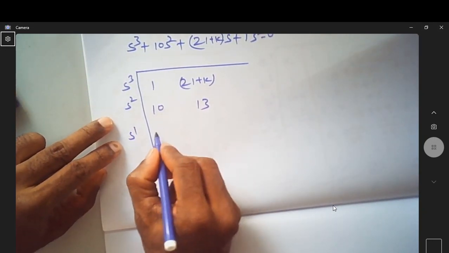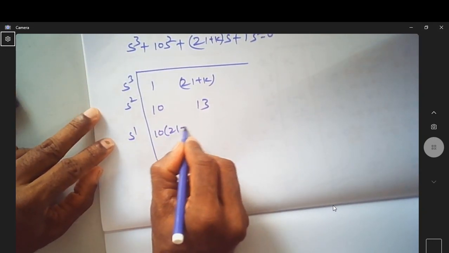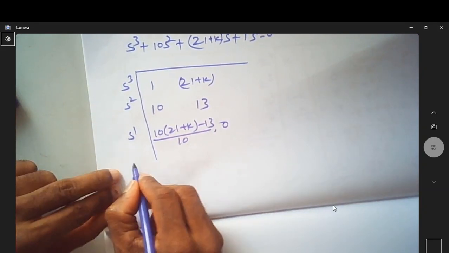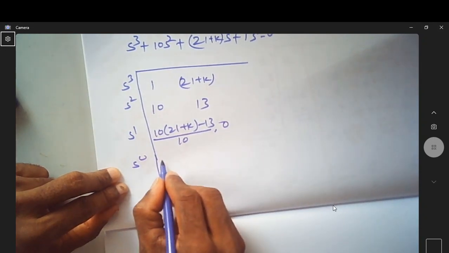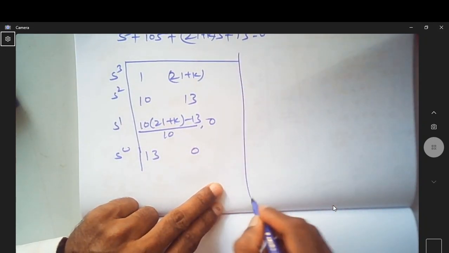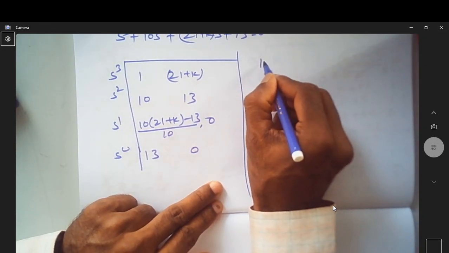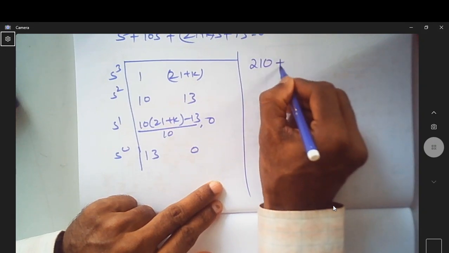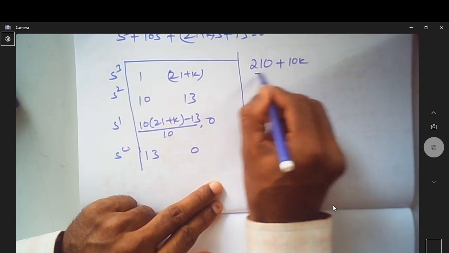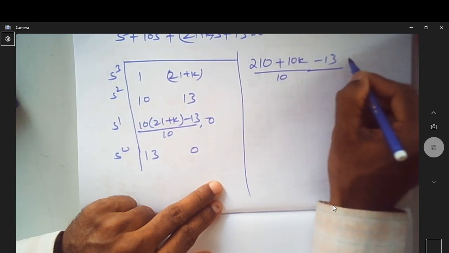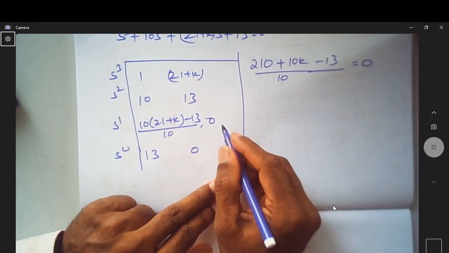So what is s power 1? Is it not 10 into (21 plus k) minus 13, by 10? Then what is s power 0? Is it not 13, 0? So now we have a condition where (210 plus 10k) by 10 minus 13 should be equated to 0.